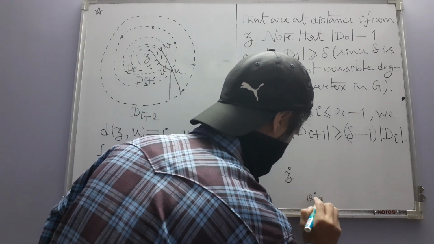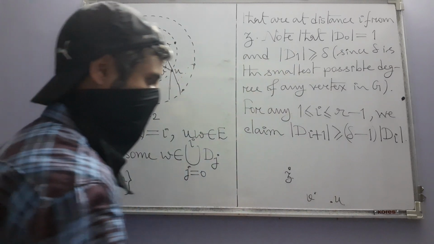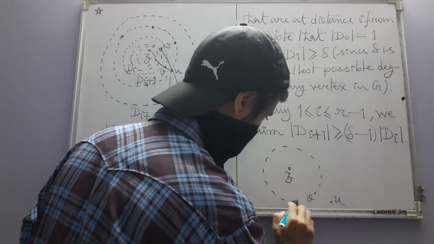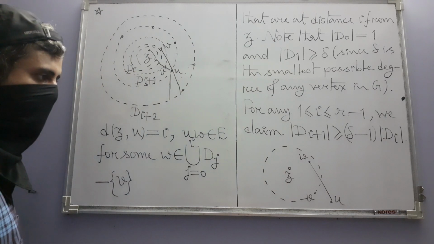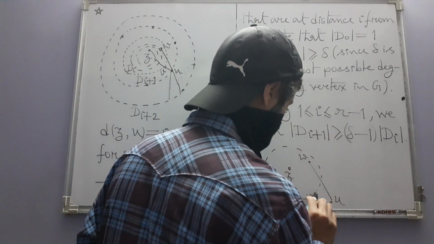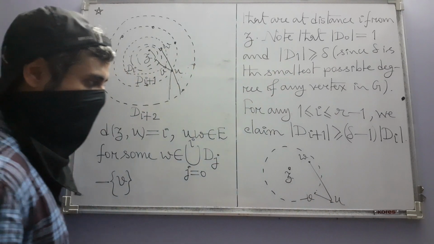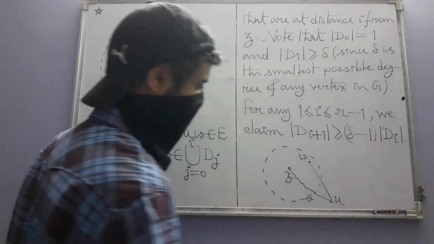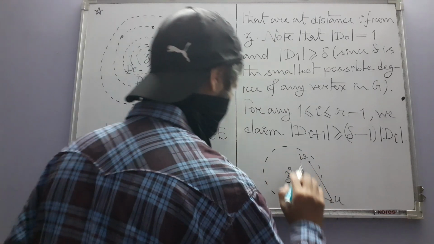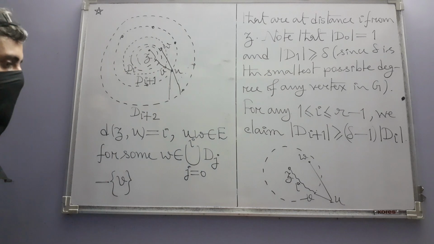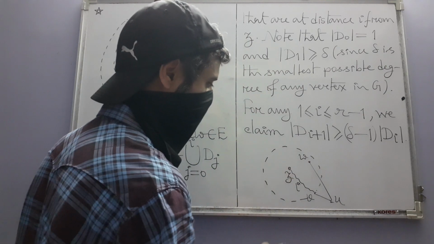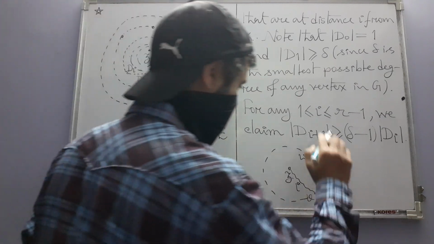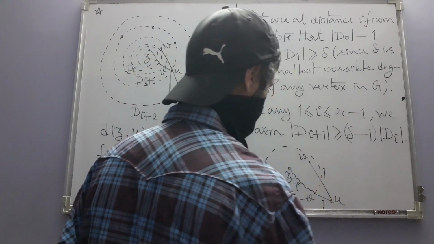This is V. This is U. And U is adjacent to W. U is also adjacent to V, and there is a path of length i from Z to V. The lengths will now change: from Z to V the length is i, from Z to U the length is i plus 1, and these two lengths are of course 1.